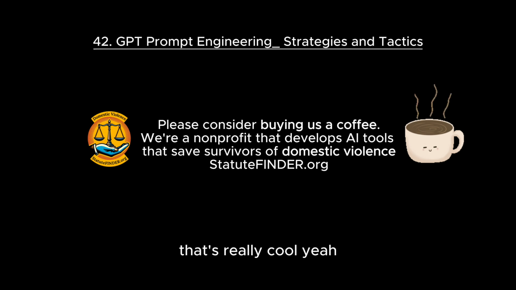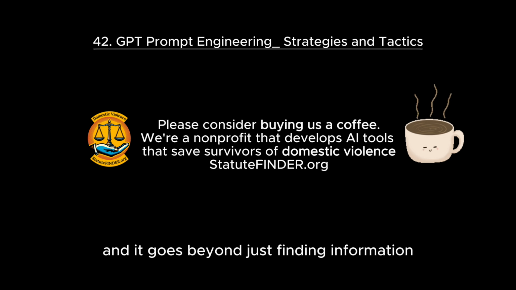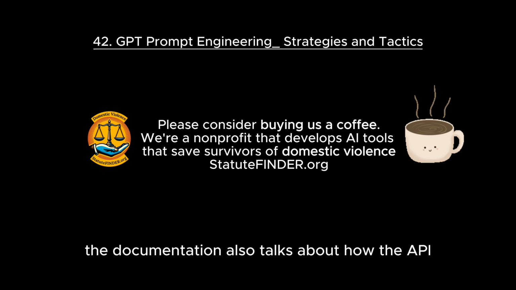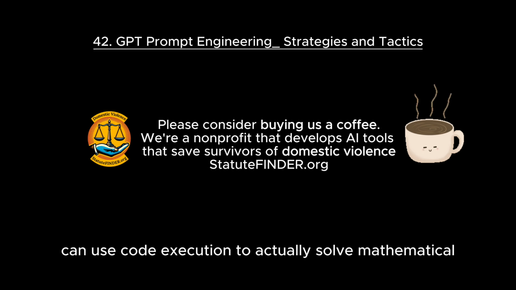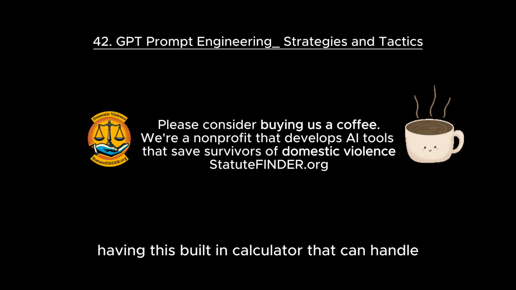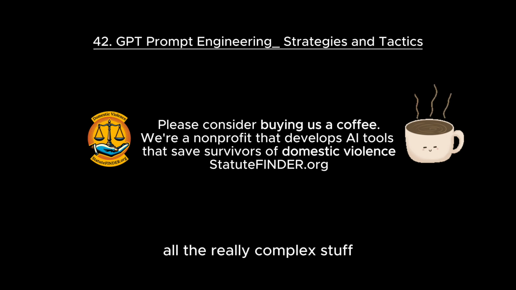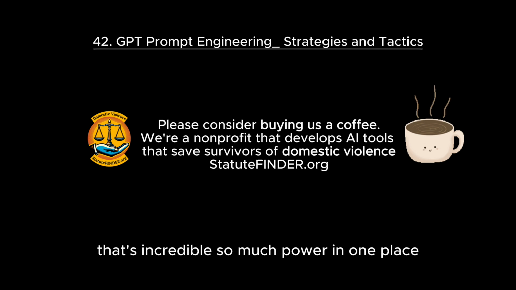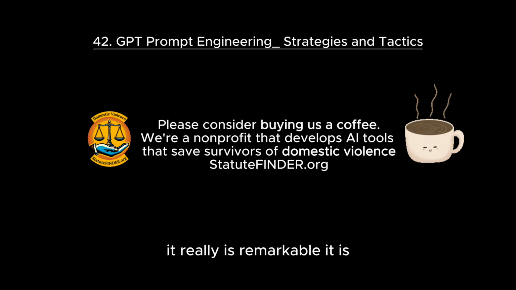That's a great way to put it. And it goes beyond just finding information. The documentation also talks about how the API can use code execution to actually solve mathematical equations. Wait, so it can do the math for you? It's like having a built-in calculator that can handle all the really complex stuff. That's incredible. So much power in one place. It really is remarkable.